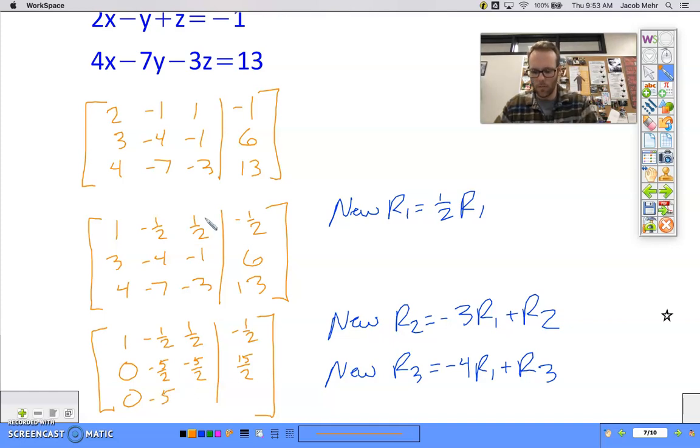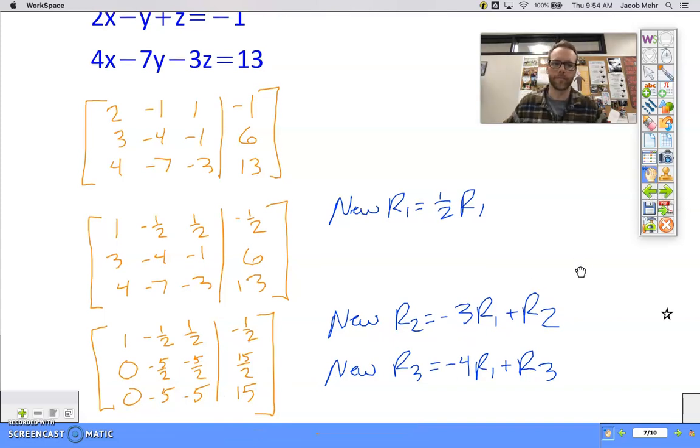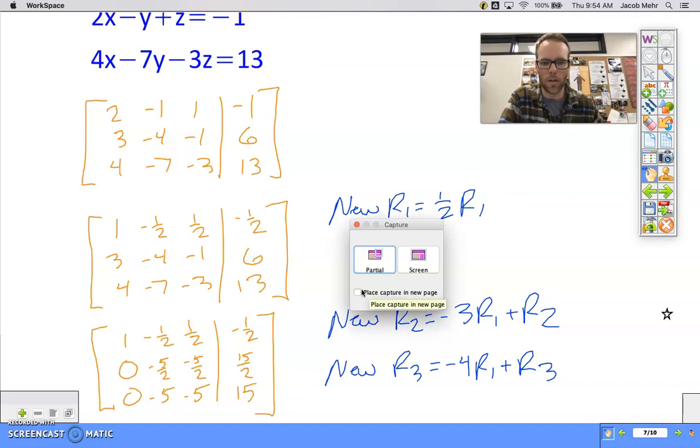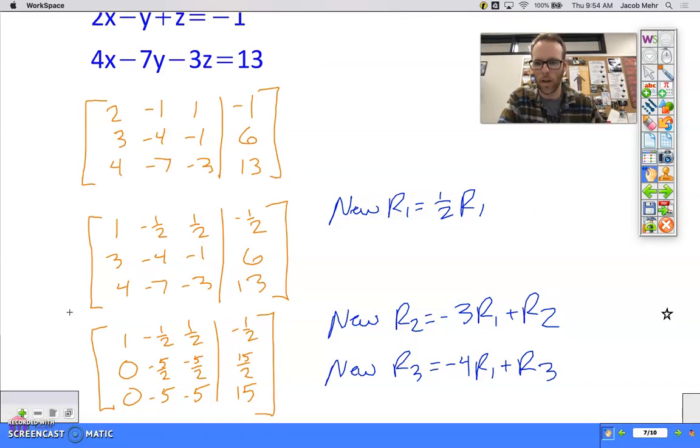Negative 4 times 1/2 plus negative 3 is negative 5. Negative 4 times negative 1/2 plus 13 is 15. All right, looks pretty good. Let's move this matrix to a new page.